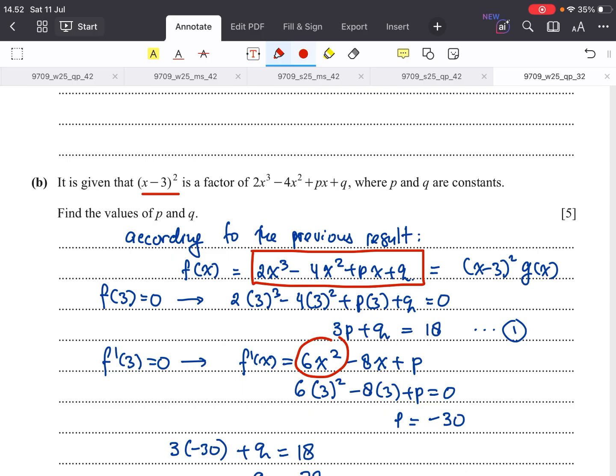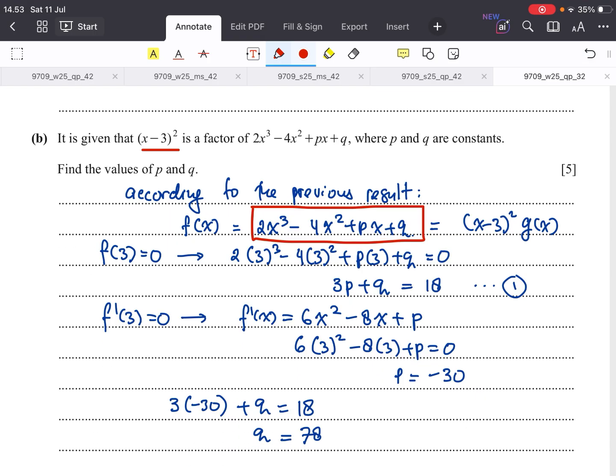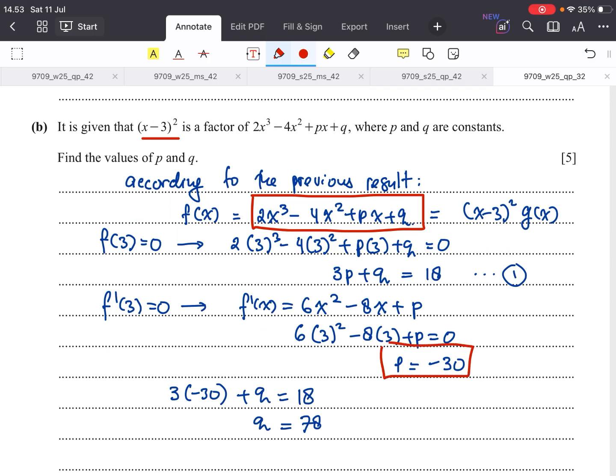After we do the differentiation, the result is 6x squared minus 8x plus p. And then f prime 3 equals 0. 6 times 3 squared minus 8 times 3 plus p is equal to 0. So p is equal to negative 30. So this one, the second equation, we can find the value of p.